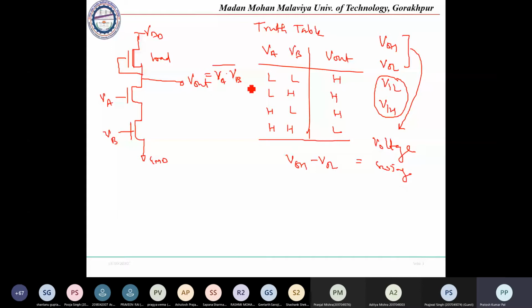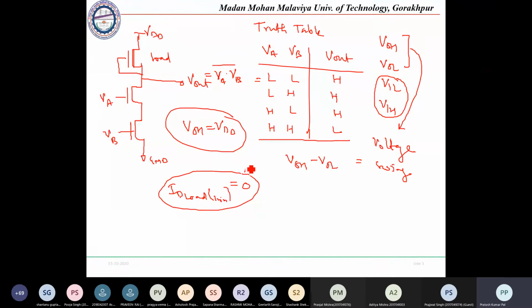VOH is obtained when there is no current flowing through this circuit. Whatever mode the load is operating in, the current will be equal to 0. If it is working in linear mode, we take the linear current equation for ID load, and since no current flows, it equals 0. Once we equate this, we get VOH equal to VDD.